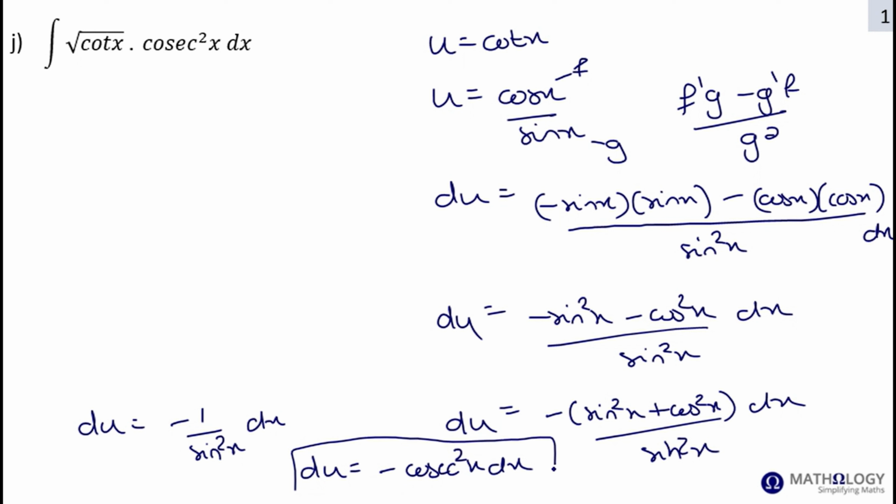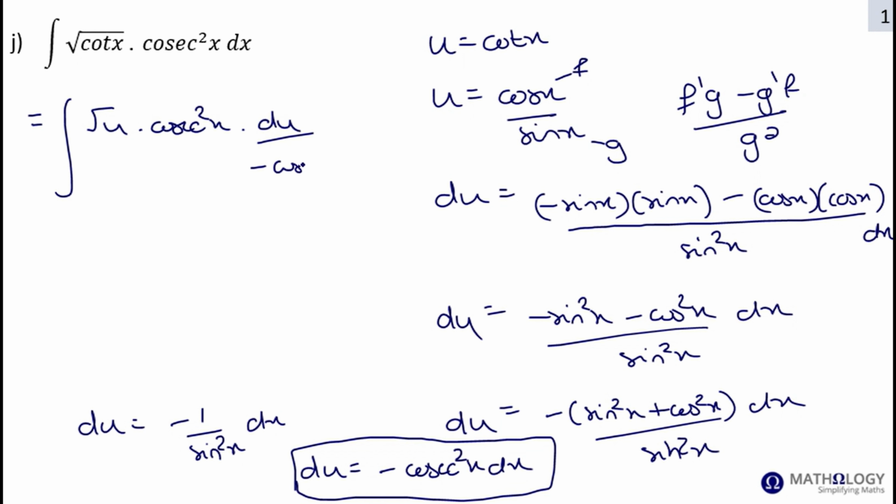So that'll be du. So here we are going to have the integral. Cot x we called u, so we're going to have root u times cosec squared x. dx will be du divided by negative cosec squared x, and the cosec squared x terms will cancel out.